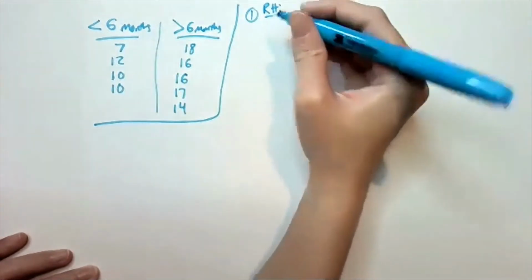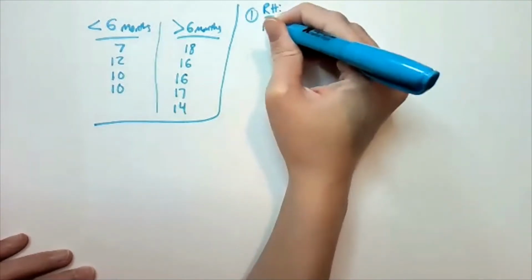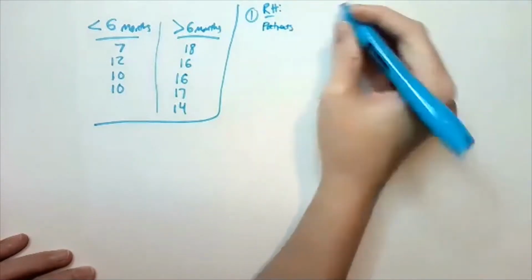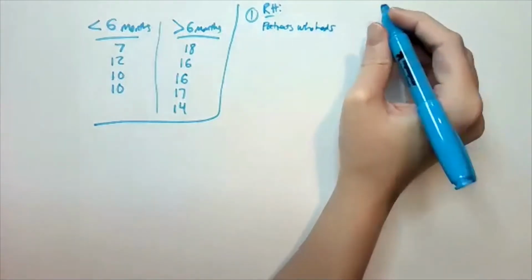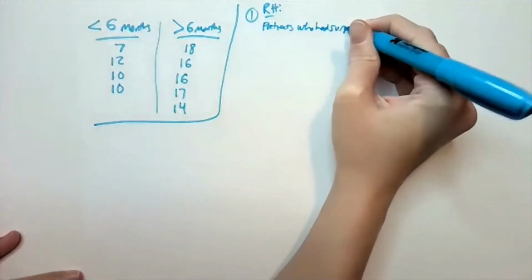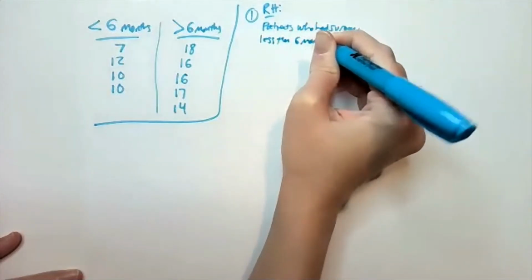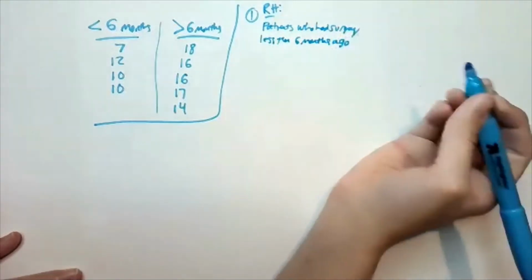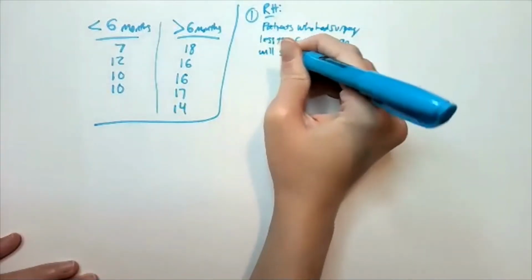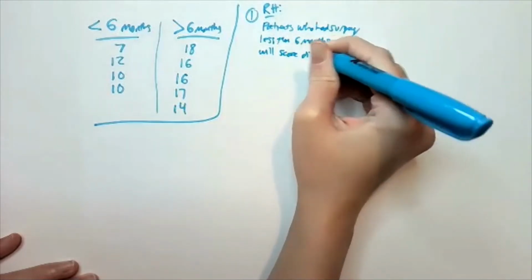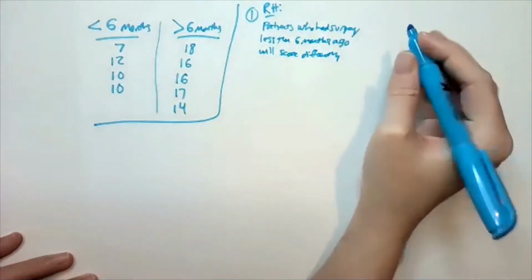For our research hypothesis, one version of how we could word this is that patients who had surgery less than 6 months ago will have different scores, or will score differently, than patients who had surgery more than 6 months ago.